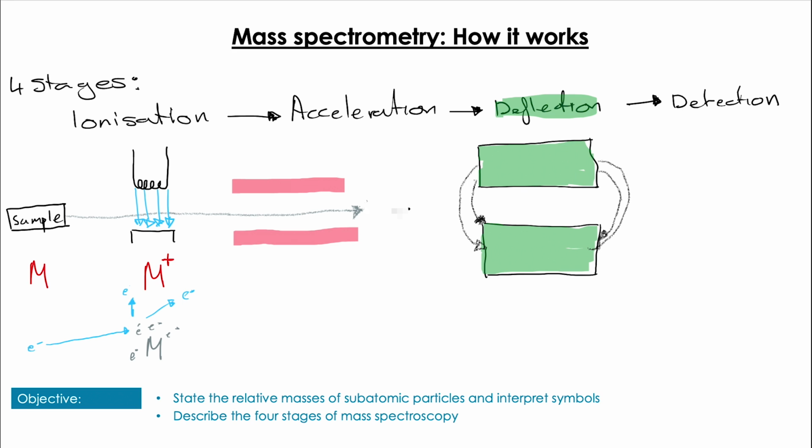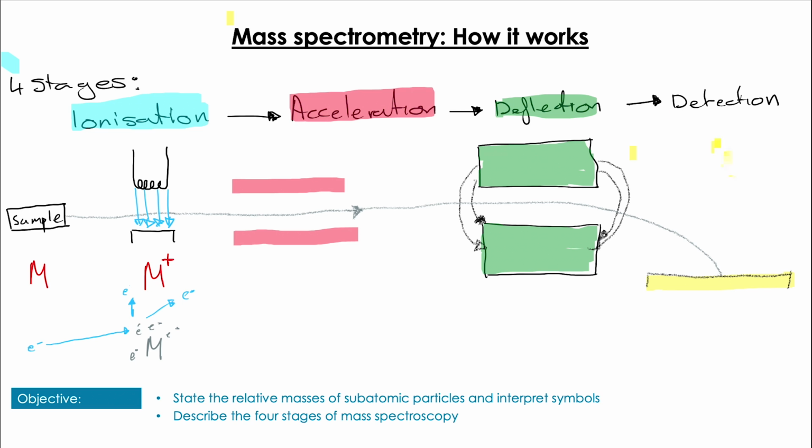This time it will have its field lines going across the path of the acceleration. And because of that, and it's positively charged, there'll be an interaction between that field and the accelerated ion, which will cause a deviation of that path, which is the deflection, which will move it through to a detector. And that detector is a plate that when the positive ion hits it, it completes a circuit and then is detected.